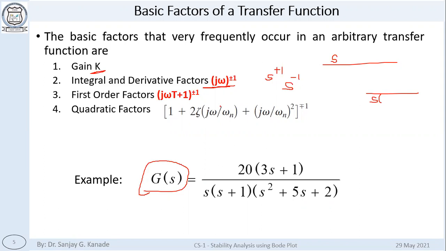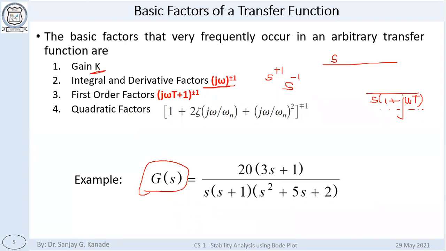Like these kind of factors we have. Then there are first order factors like this, for example, 1 plus j omega T. There can be multiple factors, of course. Multiple factors like this. Even multiple integral and derivative factors, right?